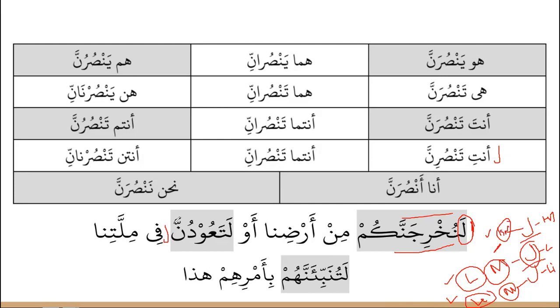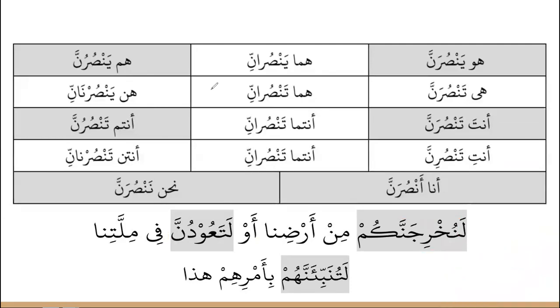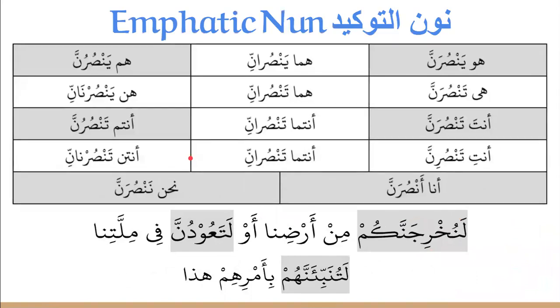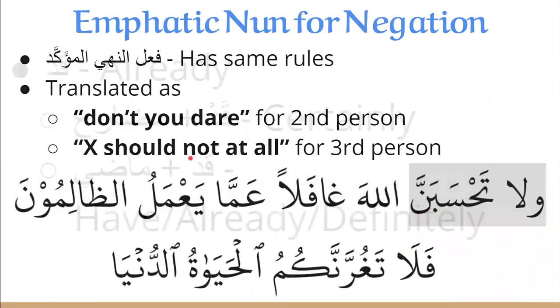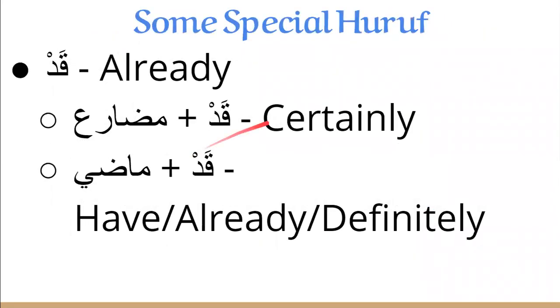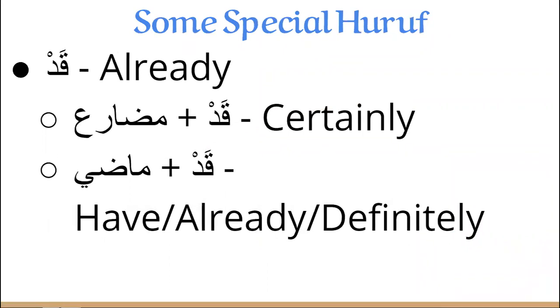This lam can even come before aw, li aw. That means surely this is going to happen. So this lam's job is just to emphasize something. It doesn't change anything grammatically. Okay, so you know this part, and then come some other harfs. These other harfs are also used for emphasis, like qad.